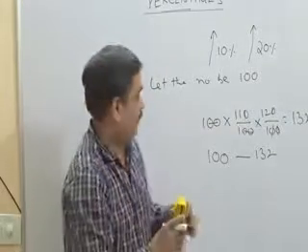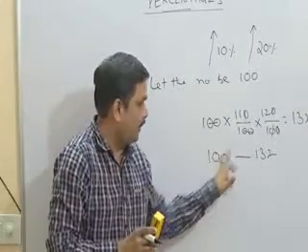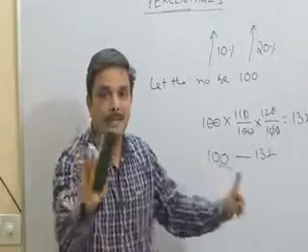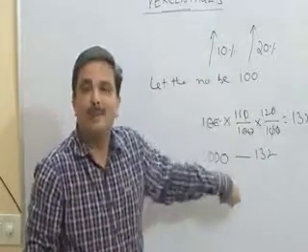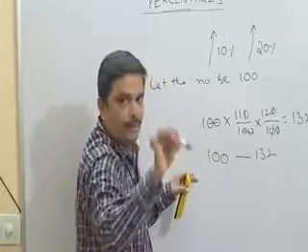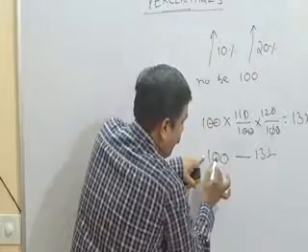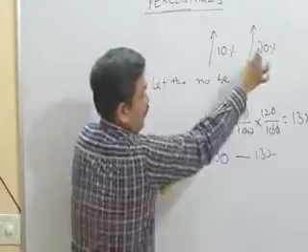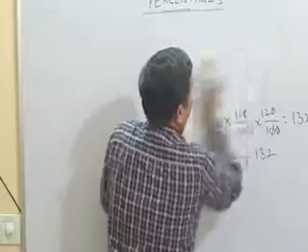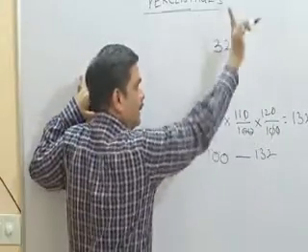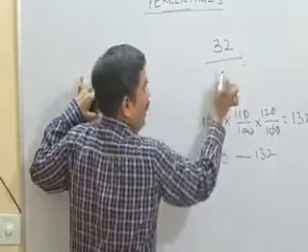Always remember, when it is increased from 100 to 132, you need to calculate the percentage based on 100. 100 will become the base. Now 100 to 132, so 32 got increased. 32 increased on 100.